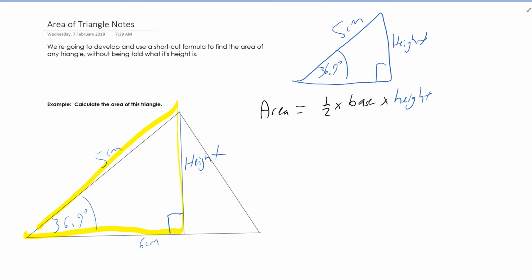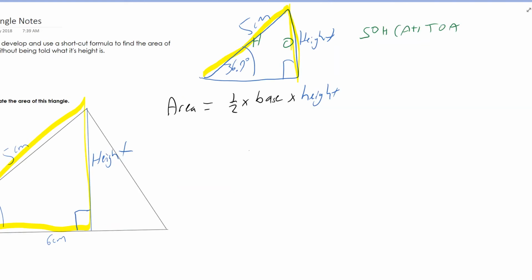Well, we know the angle. Is the hypotenuse involved? That's the first question you should ask, and yes it is, and so is the opposite, because the opposite is what we're trying to work out. So we have O and H, so in SOH CAH TOA that gives us what? It gives us sine, SOH.